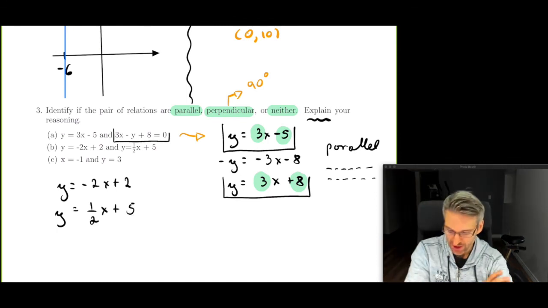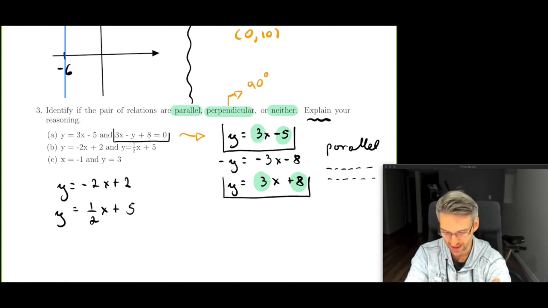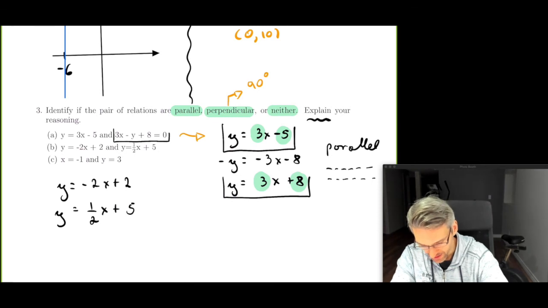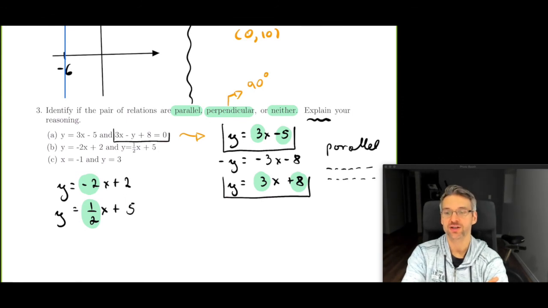Now clearly the slopes are not the same, so this is not going to be parallel, so it's either perpendicular or neither. Now I don't know if you remember, but when you're testing perpendicular lines, the easiest test to do, instead of graphing and trying to figure out visually, is just to see if the slopes are negative reciprocals of each other.